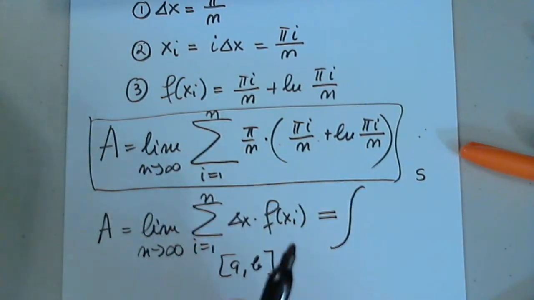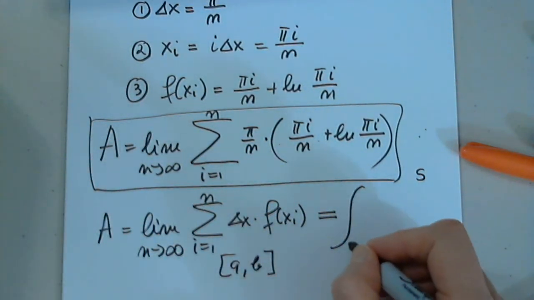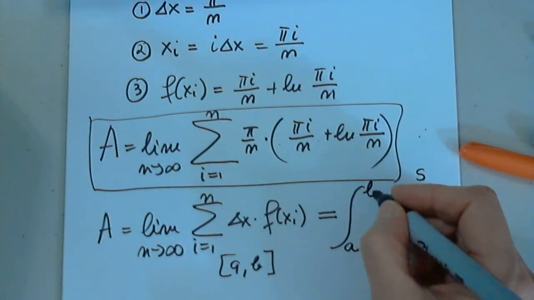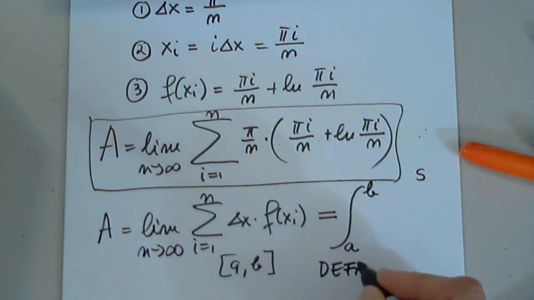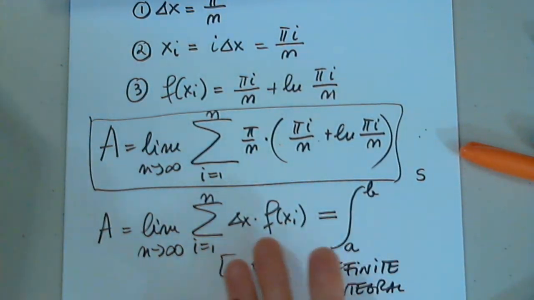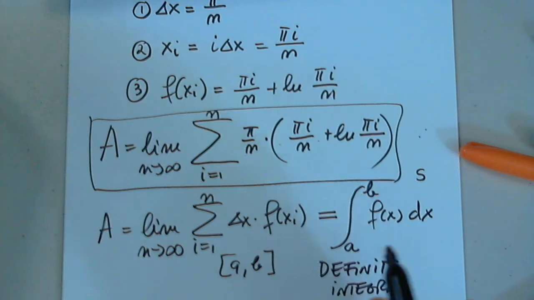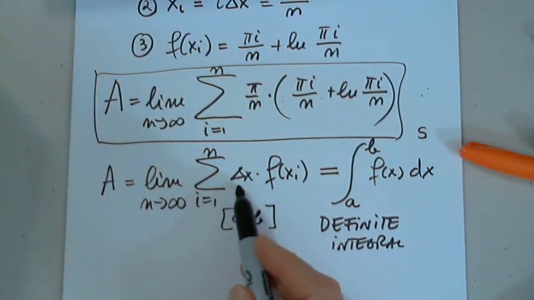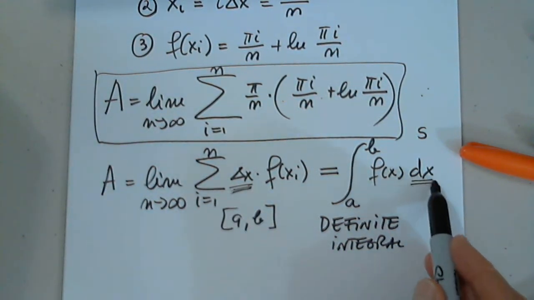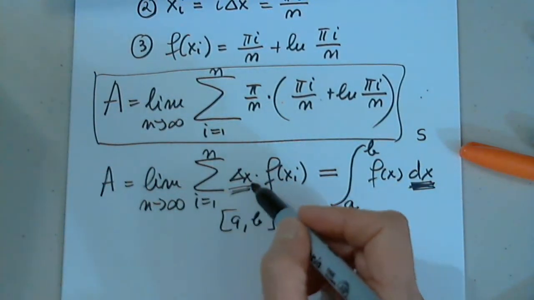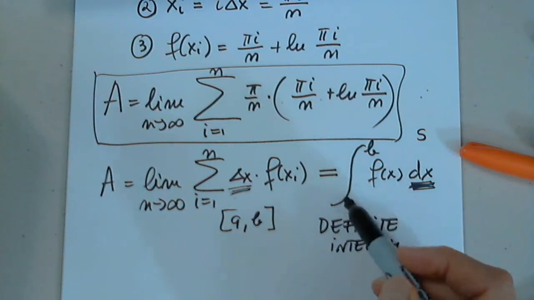So this area, the limit of the Riemann sum, will be exactly the same as the area with the definite integral from a to b of f of x dx. Remember, we talked about dx and delta x. They are the same. In the limit of the Riemann sum, we use delta x. In the integral, the definite.